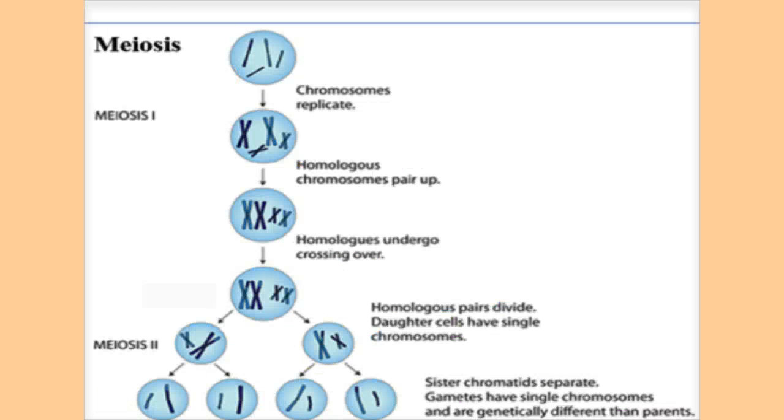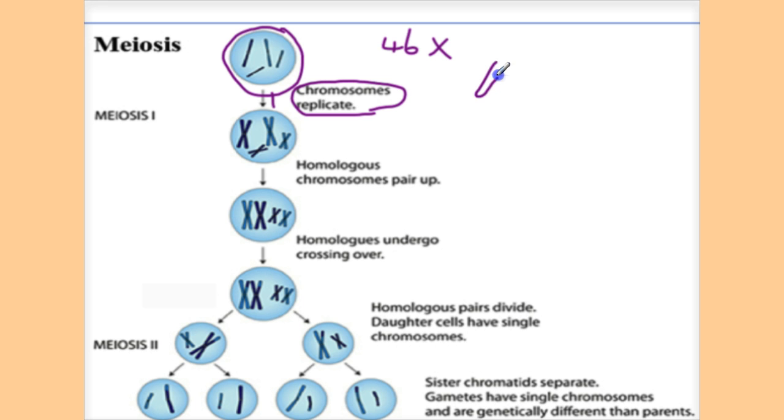So how does meiosis happen? We have first of all our body cell with our 46 chromosomes. And what happens in this stage is that these 46 chromosomes multiply or replicate themselves, and then you have a double strand of chromosome.